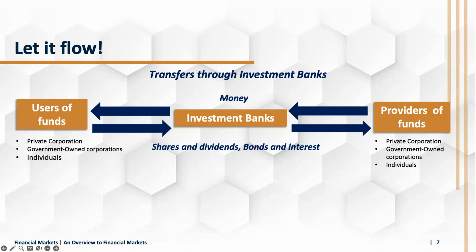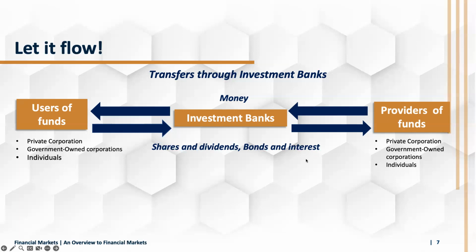So essentially, we're saying that the users of funds only know that they sought the help of an investment bank and they are working with a particular investment bank. They will see a list of investors, but they could not meet them one by one. Of course, they will know the list because they would have to give out eventually dividends and interest to the buyers.